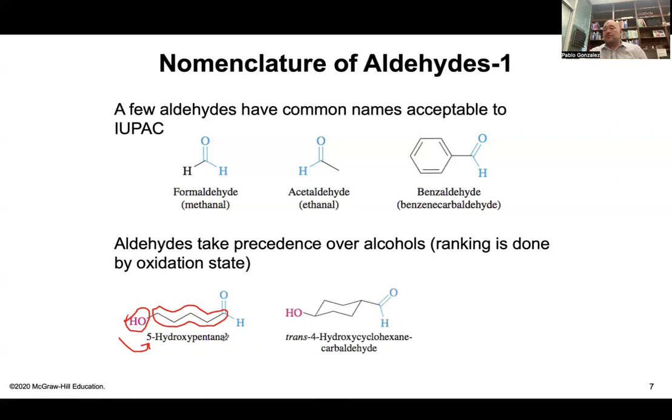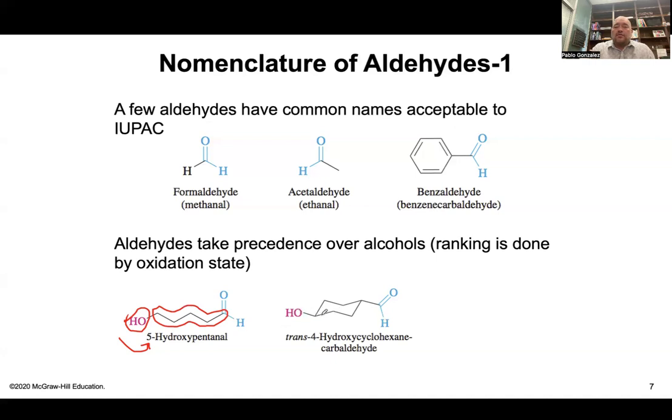Also, we can have a ring, which can have a formyl group, and this is known as carbaldehyde. Remember the carbaldehyde, cyclohexane, because it's basically a ring of 6, cyclohexane carbaldehyde. And also we have a hydroxy group in position number 1, 2, 3, 4, 1, 2, 3, 4. Either way is going to be number 4.